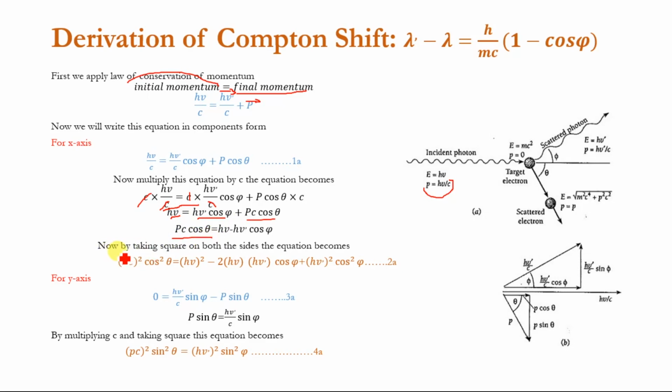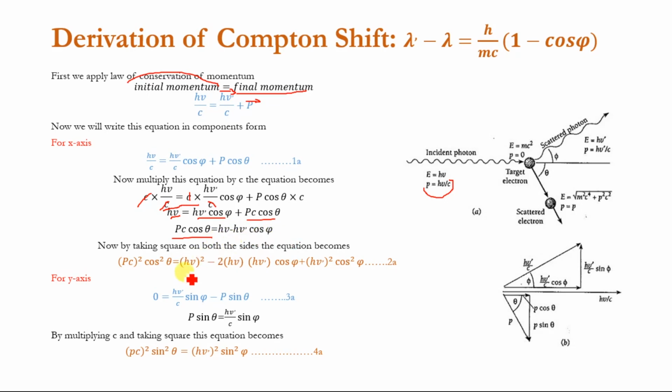Now by taking the square on both sides of this equation, the equation becomes p²c² cos²θ is equal to, this is a, this is b. We know that (a − b)² is equal to a² − 2ab + b².